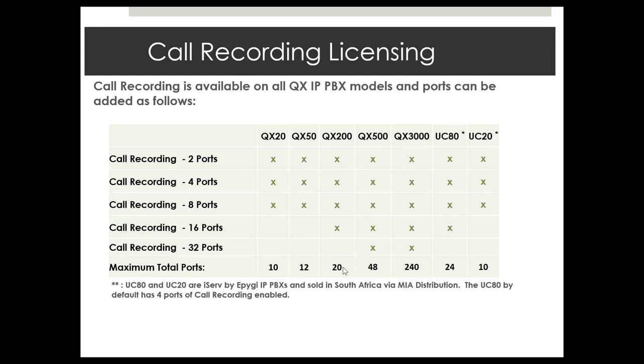On the right-hand side, you'll see a couple of products, the UC80, the UC40, and the UC20. Those are sold in South Africa solely by MIA Distribution under the iServe by Epygi IP PBX brand. The UC80 actually comes by default with 4 ports of recording already enabled.